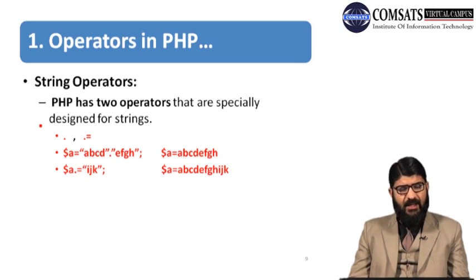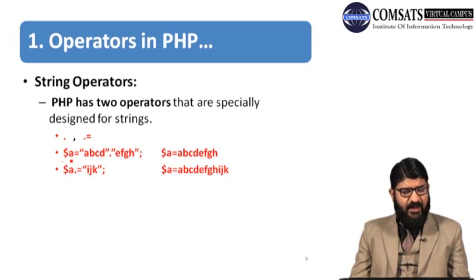The next category of operators is string operators. PHP has two operators that are specially designed for strings. The first one is dot and the second one is dot equals. Now see how they are used in an example.